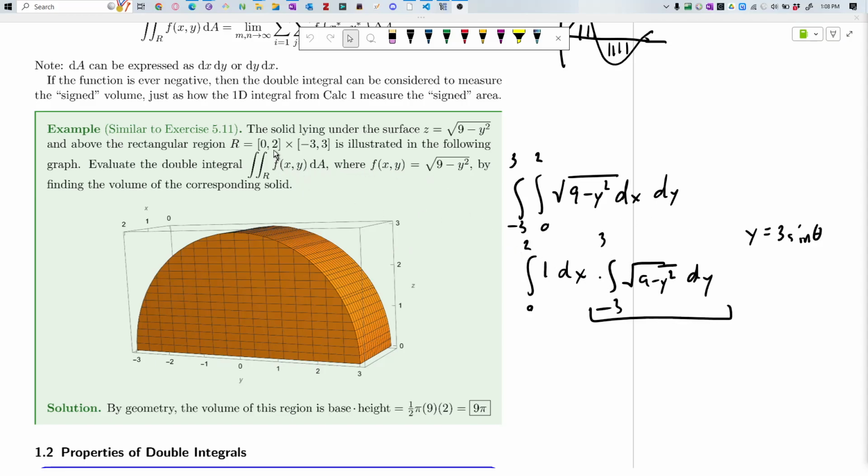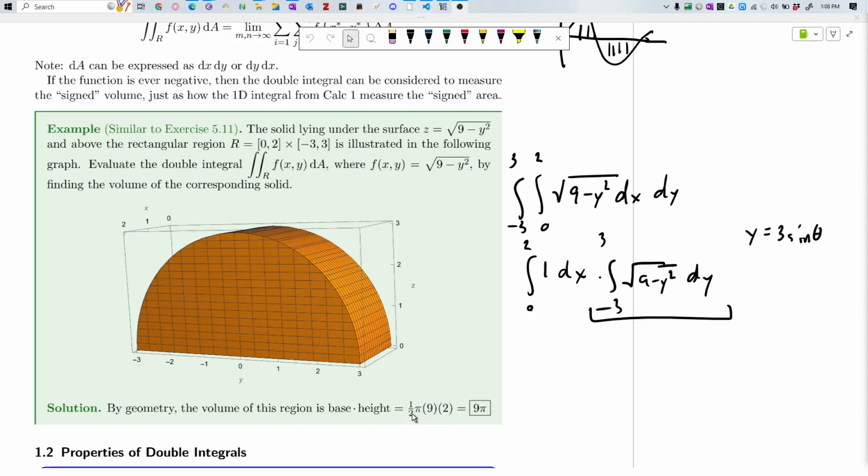So the point is that instead of doing the integral as an integral, we can instead think of it as the volume of a geometric object, namely this half circular cylinder. So you would just do base of the region times the height. The height in this case, I'm treating it as this extending in the x direction of length 2, and the base is going to be half of the area of the circle.